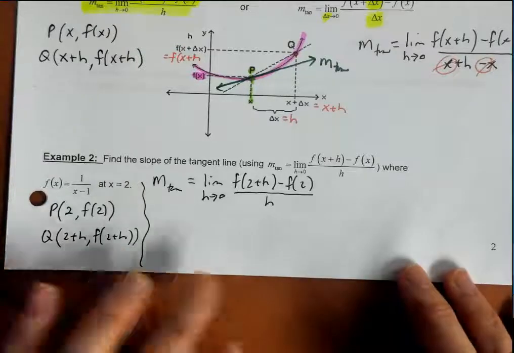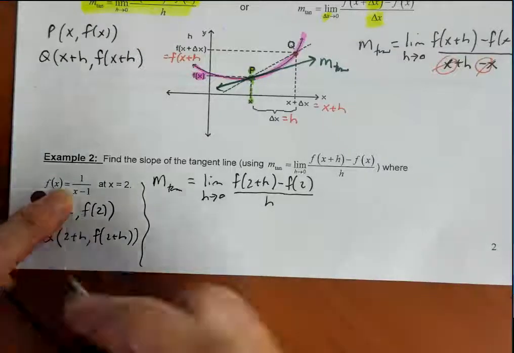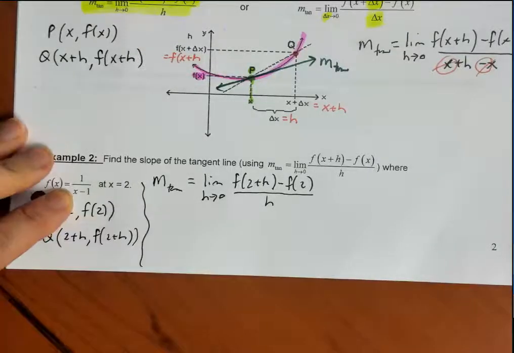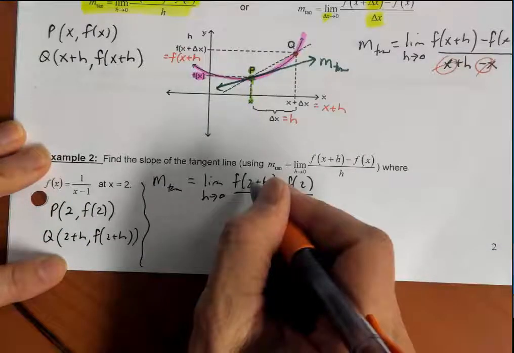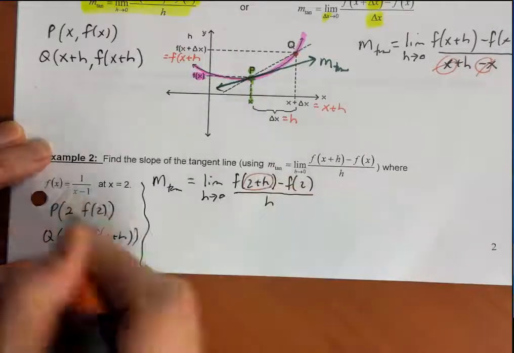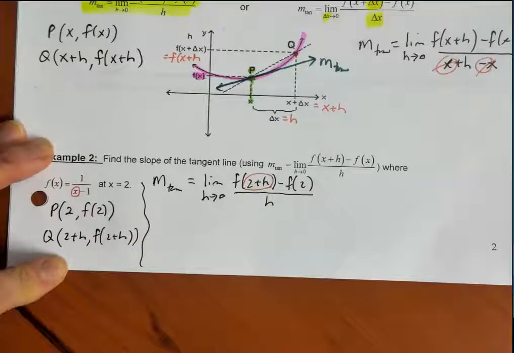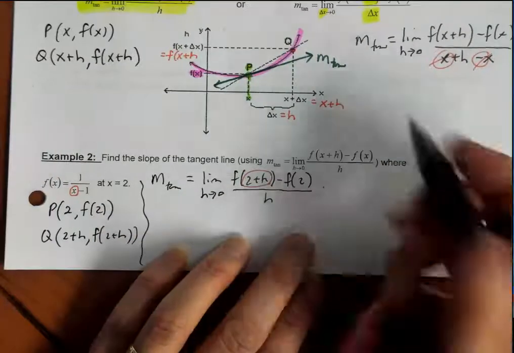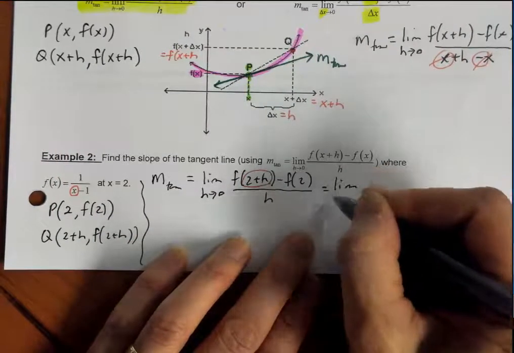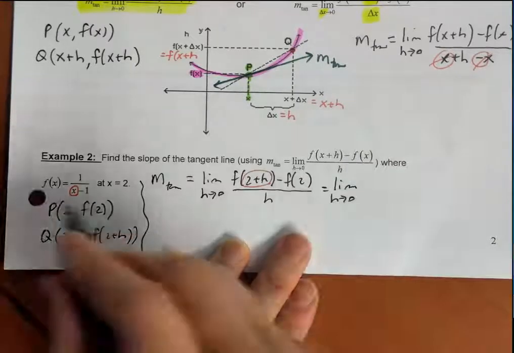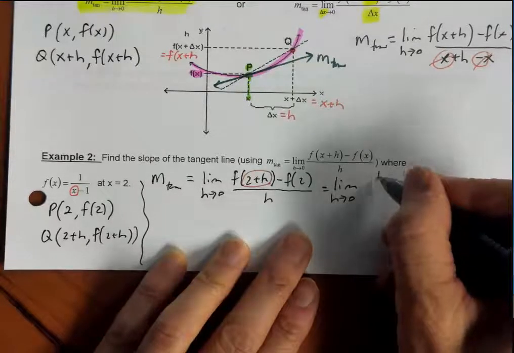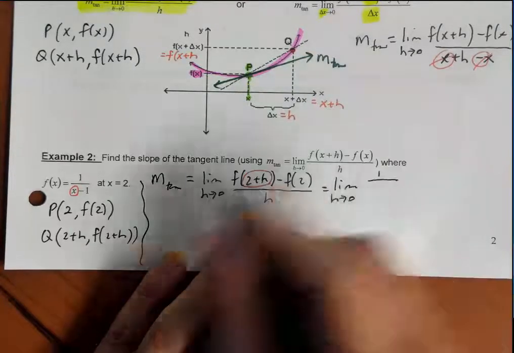Okay, so now I'll substitute that in. So this 2 plus h right here is going to go back into this x right here. All right, so what is f of 2 plus h? It will be equal to the limit as h approaches 0. So this will become a 1 over, and then I put in 2 plus h wherever I see an x.